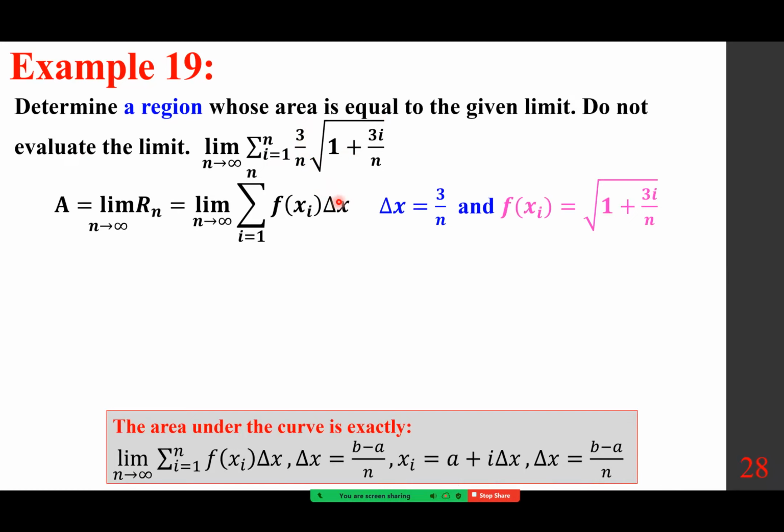So delta x is this part. f of x sub i is this part. When you put them next to each other and compare them, let's do that one more time. I want to make sure we understand that. Compare these two. This must be delta x, and this must be f of x sub i, right? Compare the two next to each other.